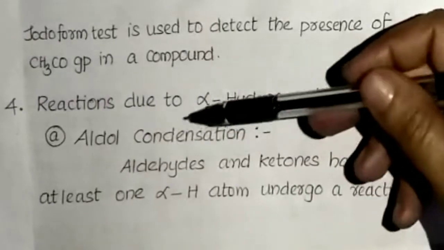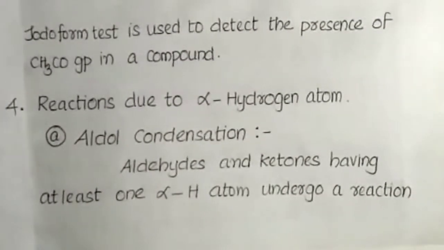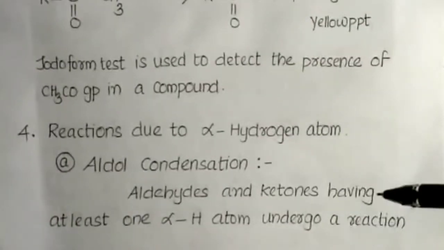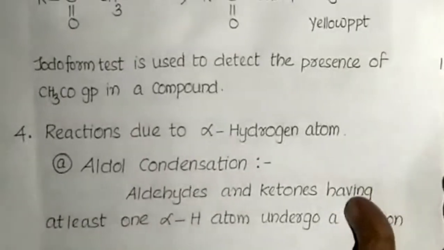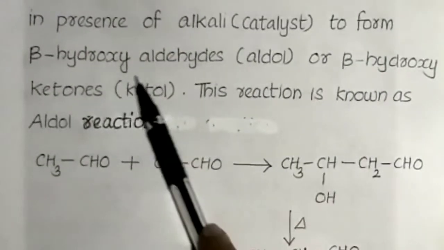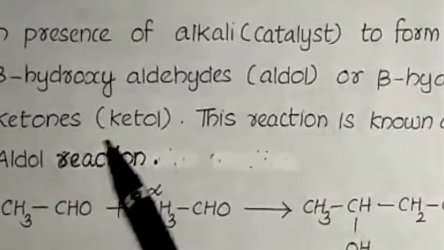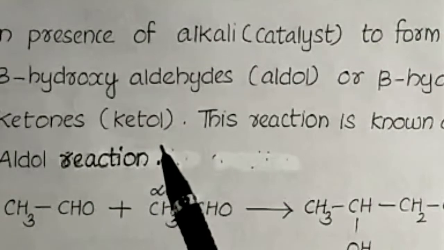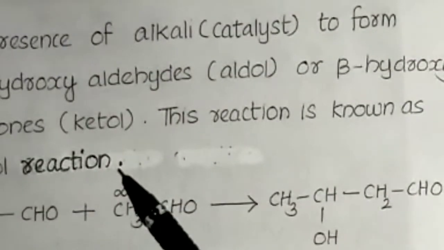First reaction is aldol condensation, an important one. Aldehydes and ketones having at least one alpha hydrogen atom undergo a reaction in the presence of an alkali to form beta hydroxy aldehydes, aldol, or beta hydroxy ketones, otherwise known as ketol. This reaction is known as the aldol reaction.